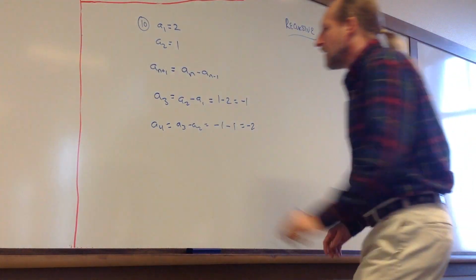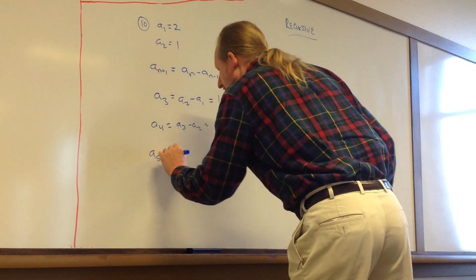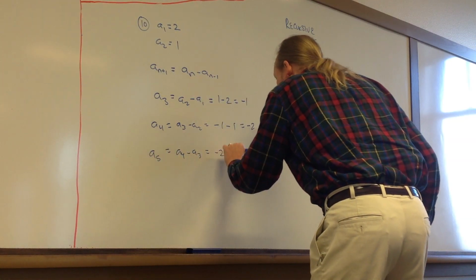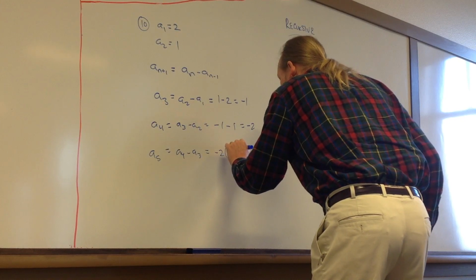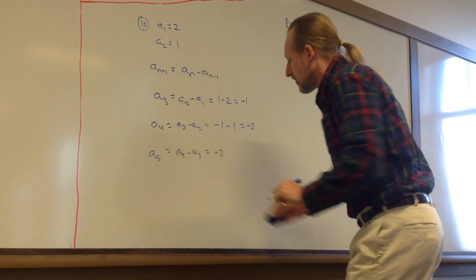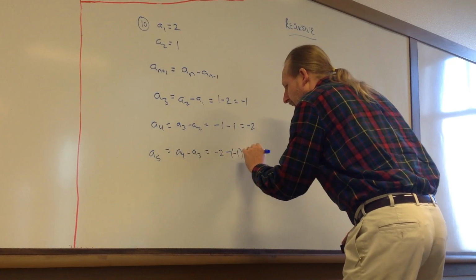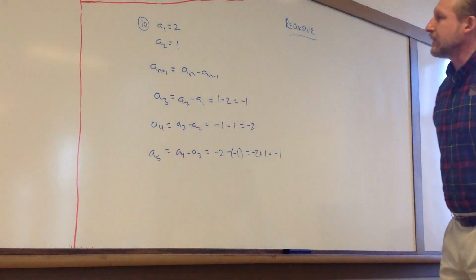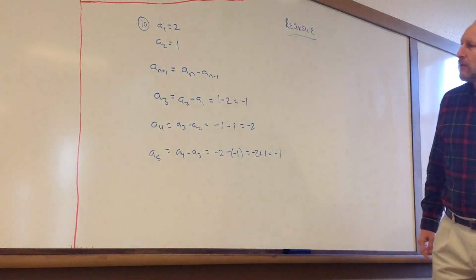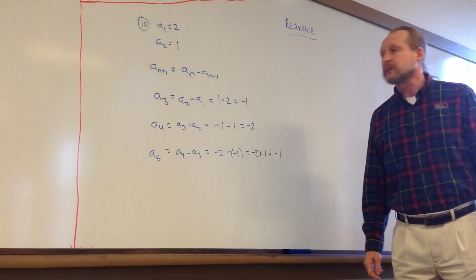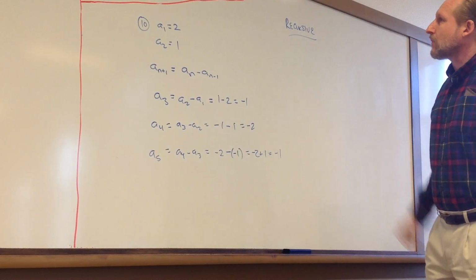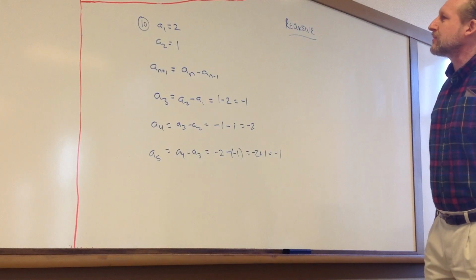And then a5 is going to be a4 minus a3, negative 2 minus negative 1, and that'll give us negative 1 again. This is kind of an interesting little sequence. It eventually does repeat itself. I just found that kind of interesting.